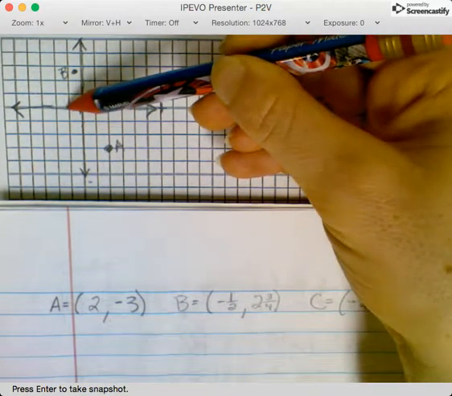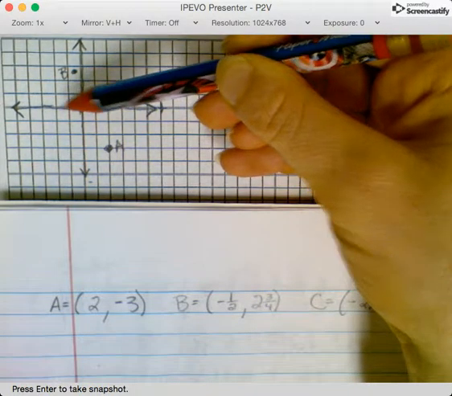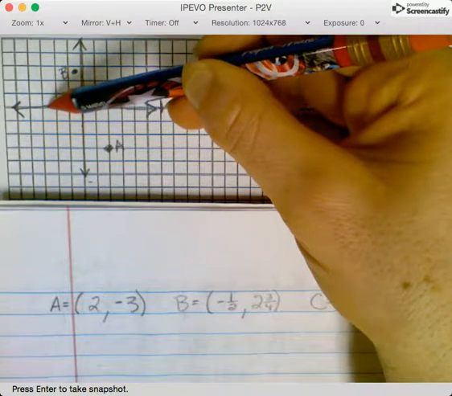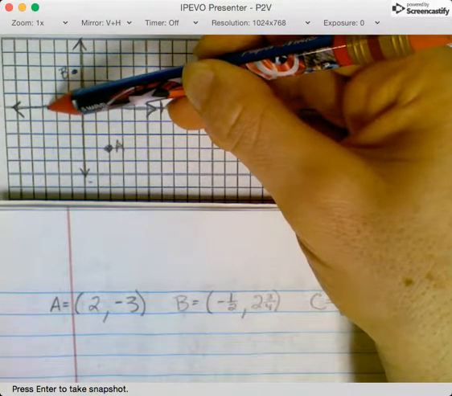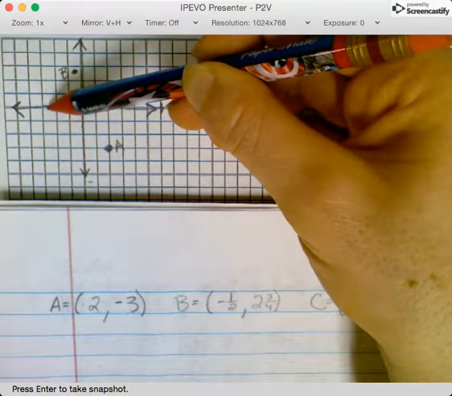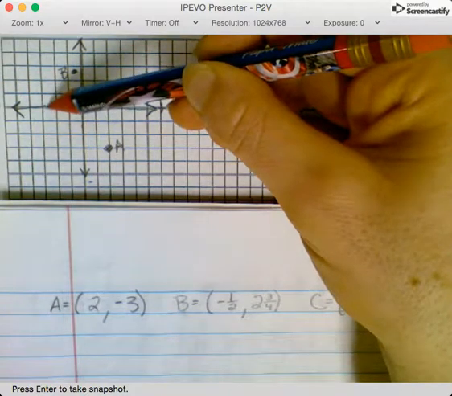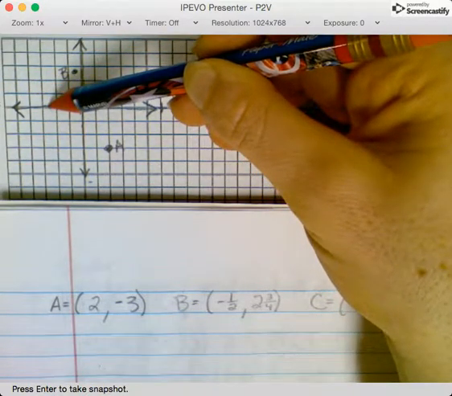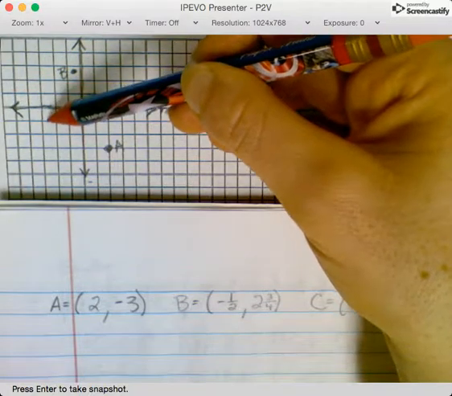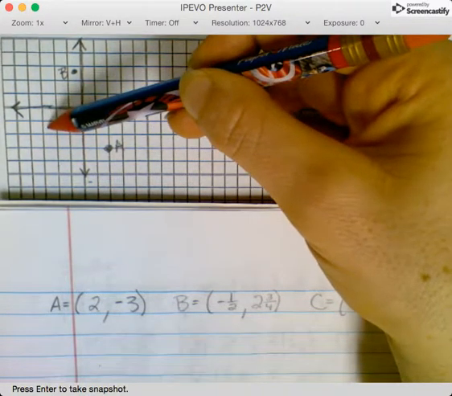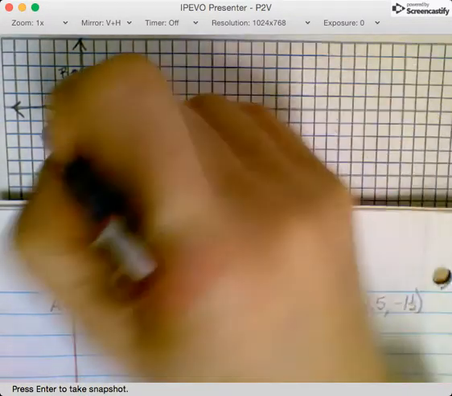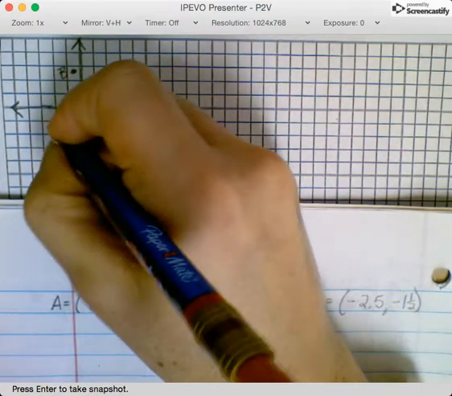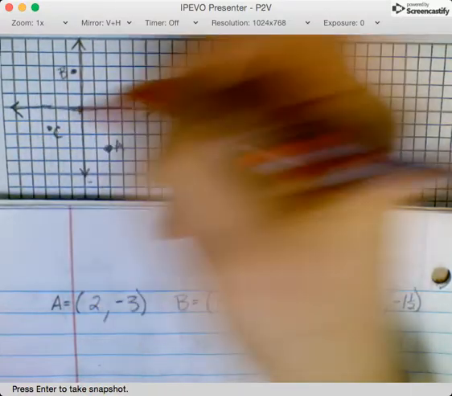Left is negative: negative 1, negative 2. Negative 2.5 is halfway in between negative 2 and negative 3. And then we go down negative 1.5. Halfway between negative 1 and negative 2 will be right here. And that is our point C.